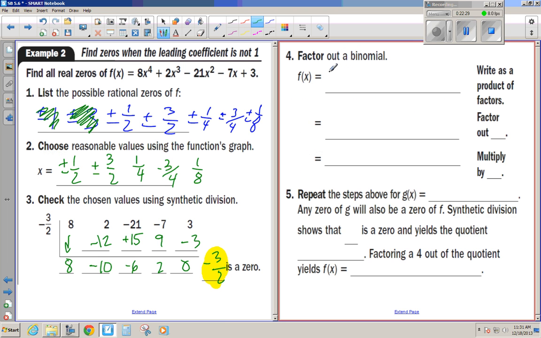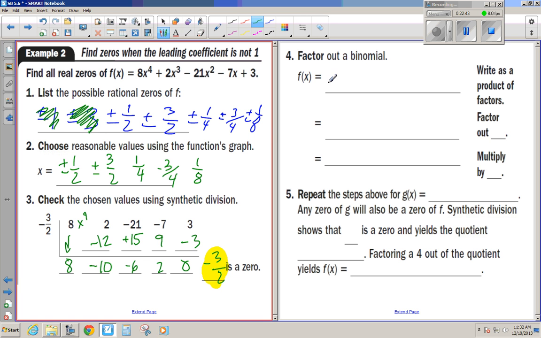All right. So now we know that we have, as a product of factors and factor out, we went from an x to the 4th. We're now at an x cubed.